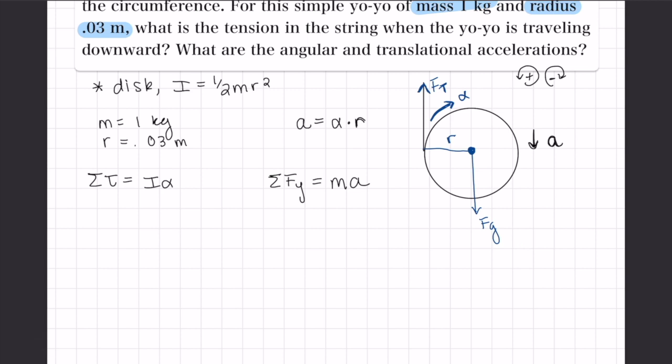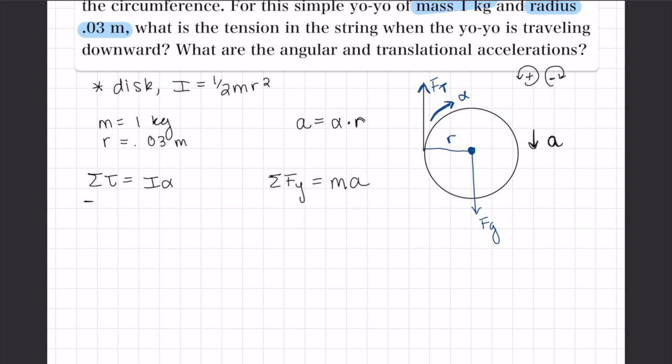So let's go ahead and fill in our forces and our torques. For torques, Fg is acting at the center, so that will not be providing a torque, but the force of tension is acting a distance r from the center, and that is going to be pulling this counterclockwise, so that'll be negative.